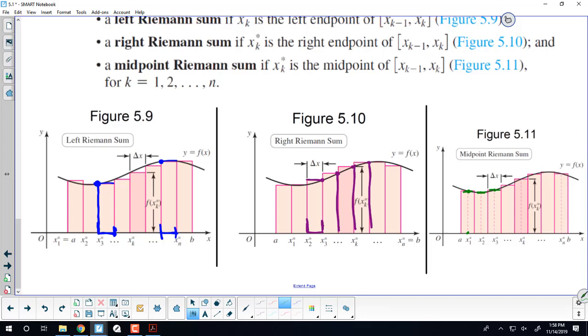Does everybody see that? In practice, it doesn't matter if we use the left, right, or the midpoint, as long as we're talking about an exact area, they're all the same. In fact, I could use any x value in that first rectangle to determine the height, and any x value in the second rectangle to determine the height of the second rectangle, and so forth.